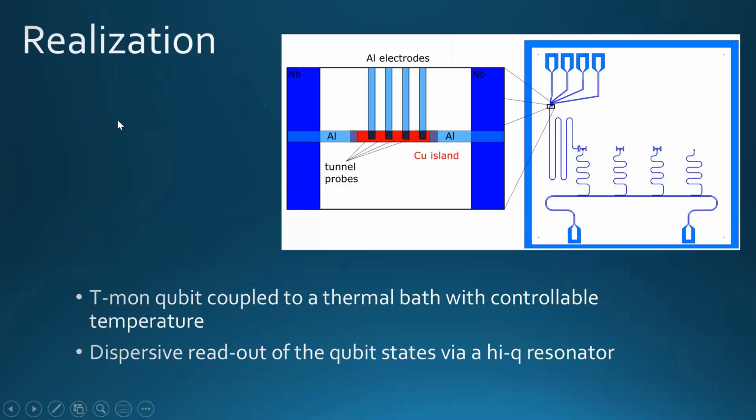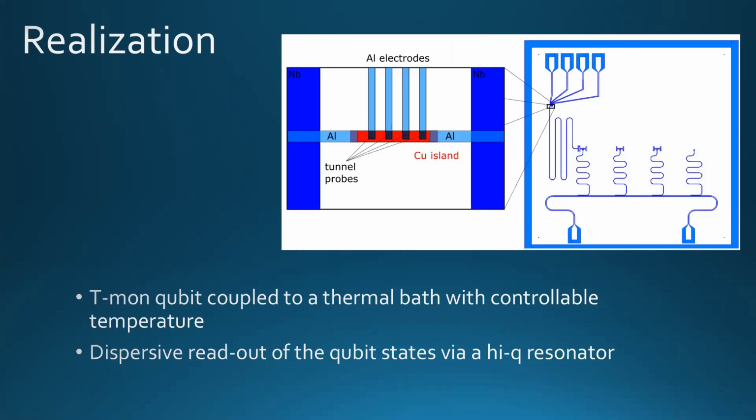So the realization is the following. We have a transmon qubit, which is connected to a quarter-wavelength readout resonator on one side, and on the other side, it is connected to another resonator, which is coupled to a thermal bath. The thermal bath is a mesoscopic line, a strip of normal metal, which is connected to superconductors by tunnel junctions.